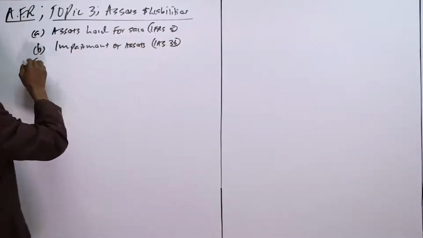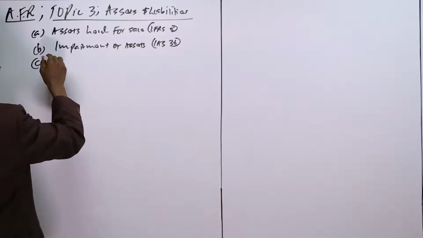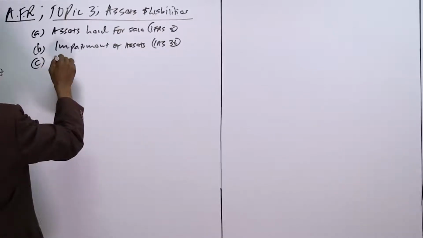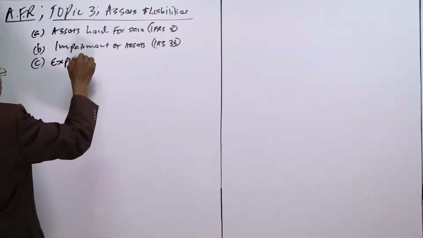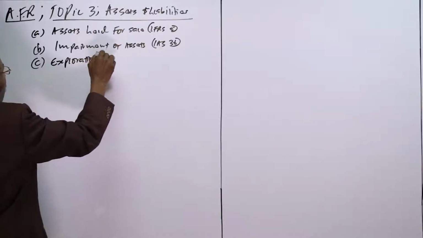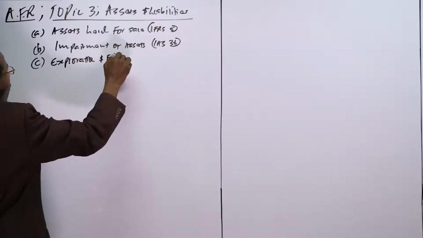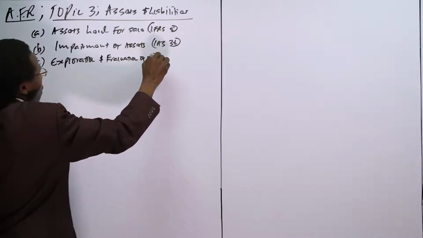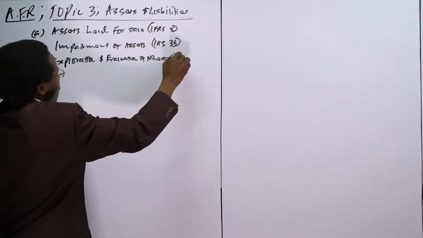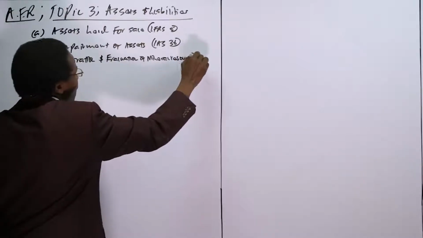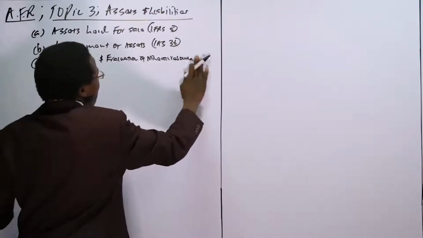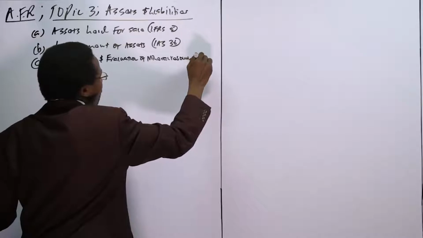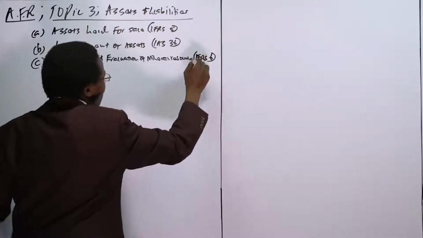Then we also looked at the exploration and evaluation of mineral resources. This was not IAS. It's now under the IFRS family, or IFRS 6.